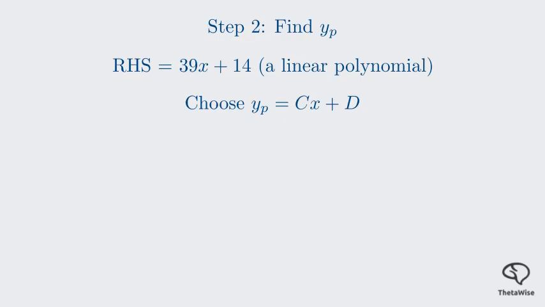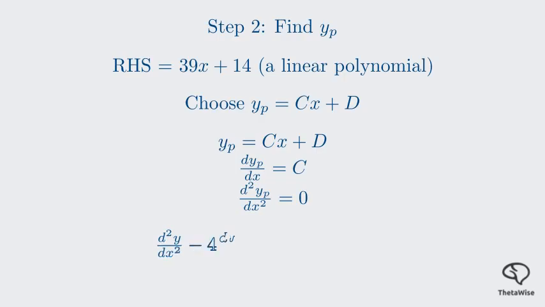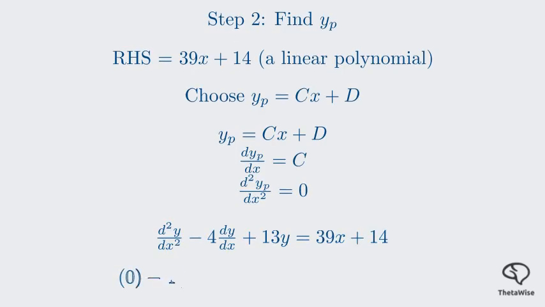Now we find the derivatives of y_p. The derivative of cx plus d is just c, and the derivative of the constant c is 0. Substitute these into the original equation. The equation is the second derivative, minus 4 times the first derivative, plus 13y equals the right-hand side. Substituting, we get 0 minus 4 times c plus 13 times the quantity cx plus d equals 39x plus 14.